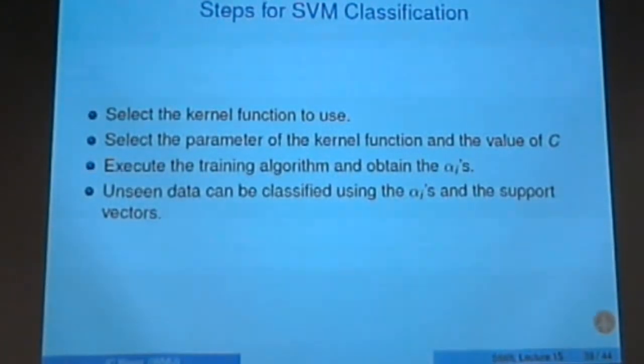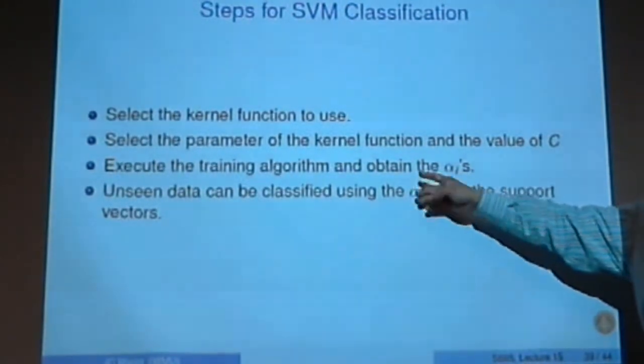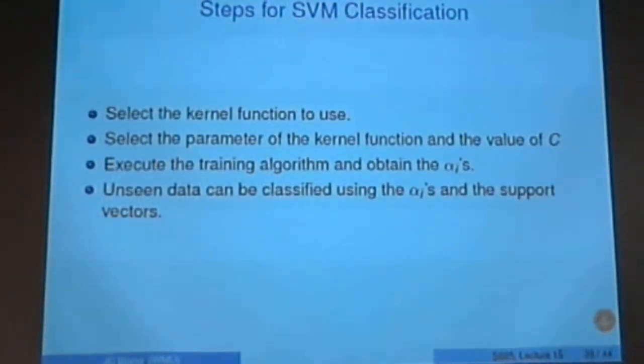Unseen data can then be classified using the alphas of these few vectors, the support vectors. We already talked about this before: most alphas are 0, except for quite a few, and these non-zero alphas correspond to the support vectors.